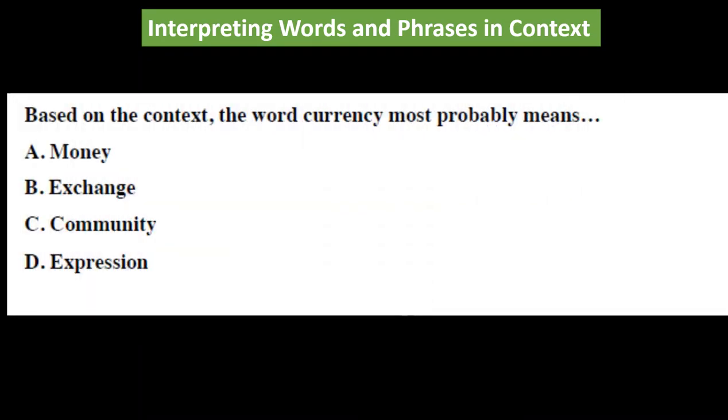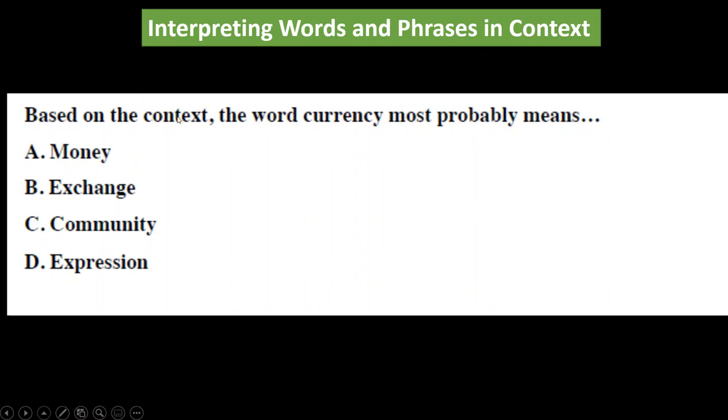Okay, next we have interpreting words and phrases in context. This could be an easy task if you are familiar with the use of words and their context. For example, here it says, based on the context, remember, and be careful with the question, based on the text, not according to your knowledge or in general.